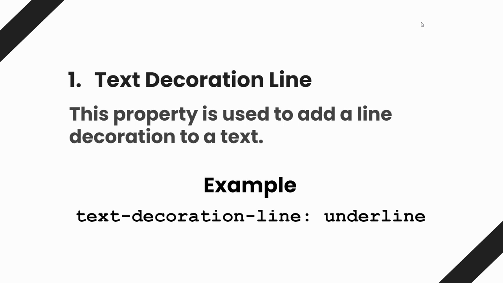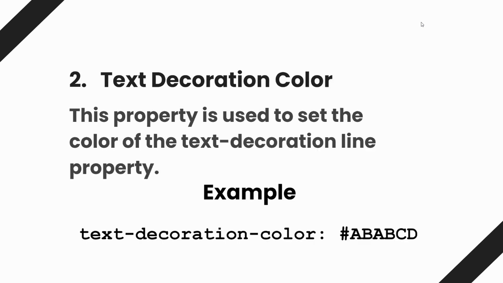Other values under the text decoration line are underline and strike through, which would have the line crossing the text. Don't worry, we'll see more of this when we get to the practical session of today's class.